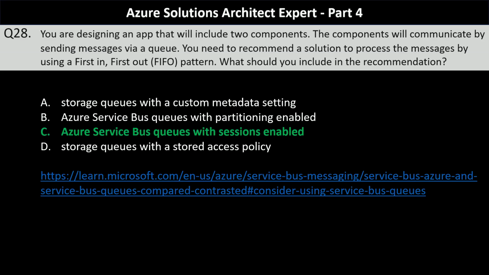Folks, storage queues do not natively support FIFO. Then the next option, Azure Service Bus queues with partitioning enabled. Partitioning does not guarantee FIFO as it distributes messages across multiple partitions. And the next option was storage queues with a stored access policy. This is for controlling access, not for message ordering.